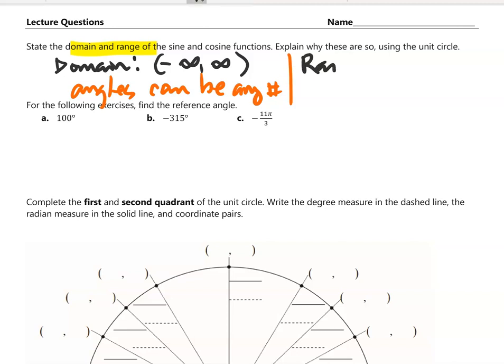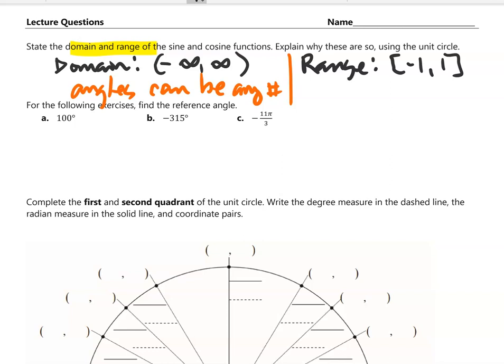Then range is, yes, from -1 to +1. In a unit circle, that means the biggest it can be is positive or -1. So that's why.